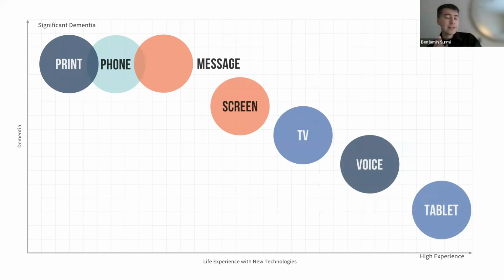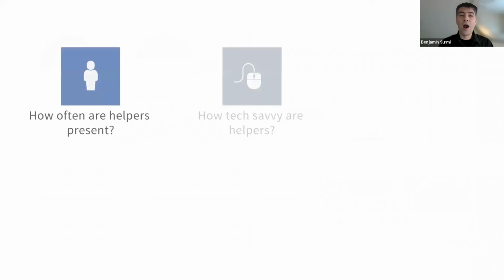The more experience someone had with technology, the more they're able to integrate other things. If they worked for Intel until they were 60, they're probably going to be able to use tools that maybe someone who never worked with anything, even without dementia, still won't be able to use, right? So it's a combination of cognitive ability and how much experience they've had with technology in their life as to which tools are best for them.